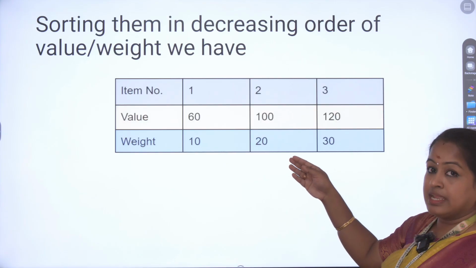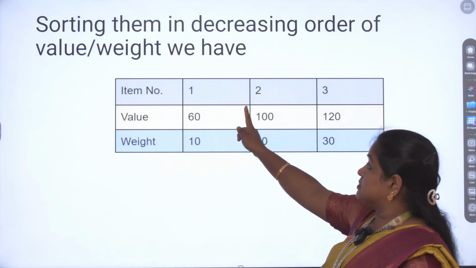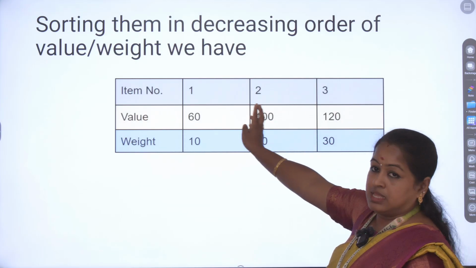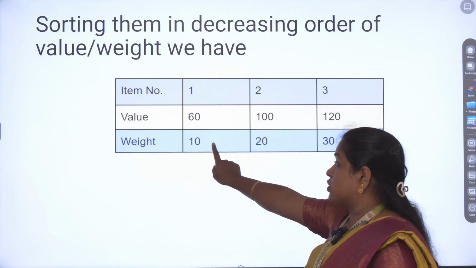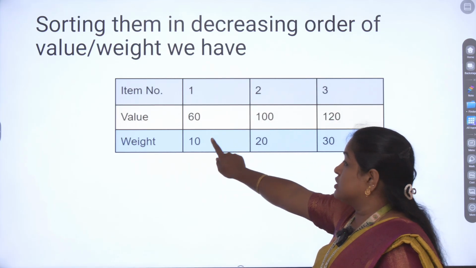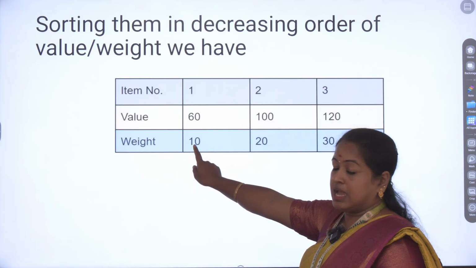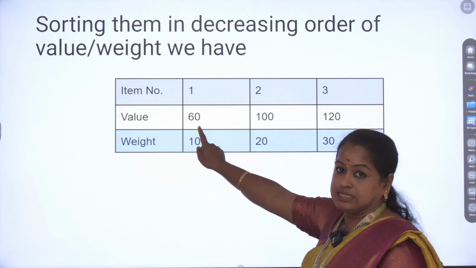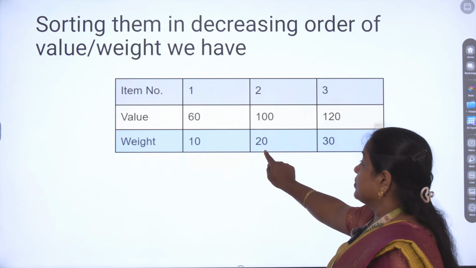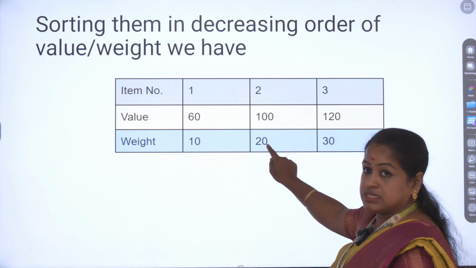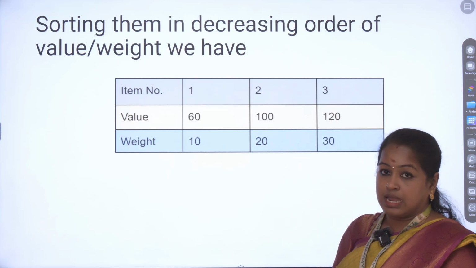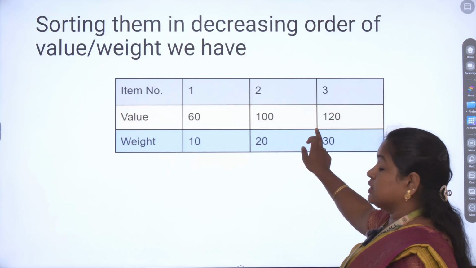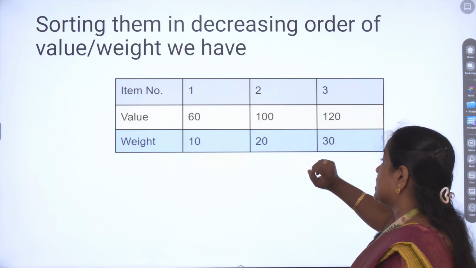Now we are going to arrange them in an order, item numbers 1, 2, 3, arranged according to the weight. The lowest weight is 10 and the corresponding value is 60. The next weight is 20 and the corresponding value is 100. The next is weight 30 and the corresponding value is 120.